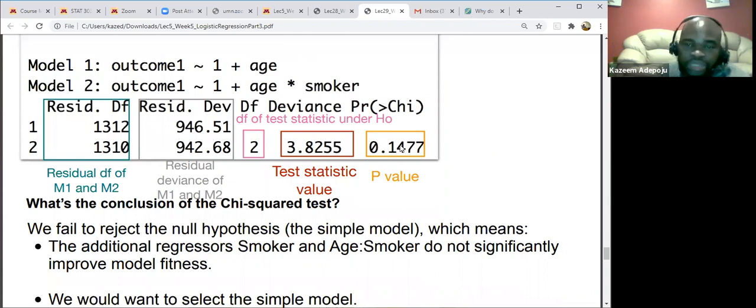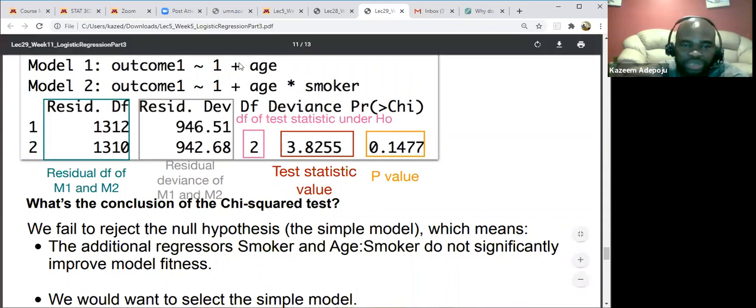And when the p-value is larger than a 0.05 level of significance, it means we're going to fail to reject the null hypothesis. Failing to reject the null hypothesis right here means we are going to settle for model 1, which is the simple model.